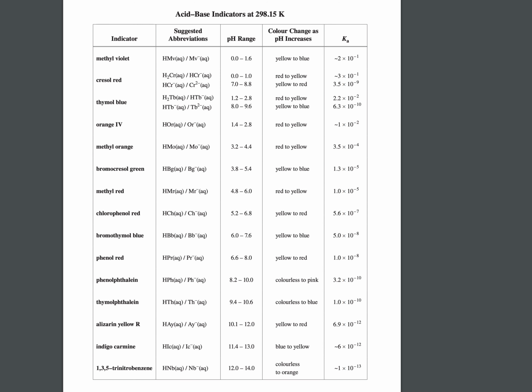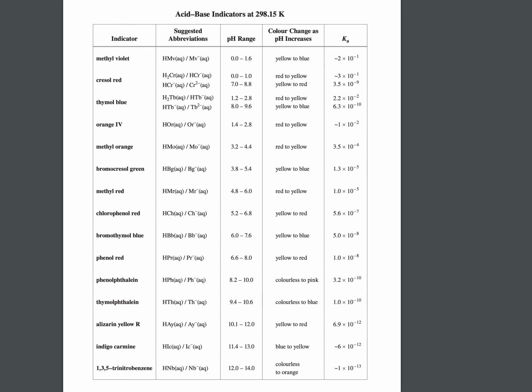I also want to point out two of these compounds, cresol red and thymol blue. Cresol red and thymol blue actually change color twice. The first color change for cresol red is from red to yellow, and then the second color change is from yellow back to a different red. So it actually has two pH ranges, one for each color change.